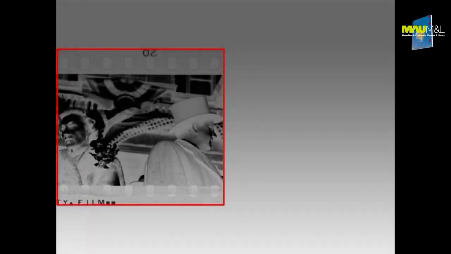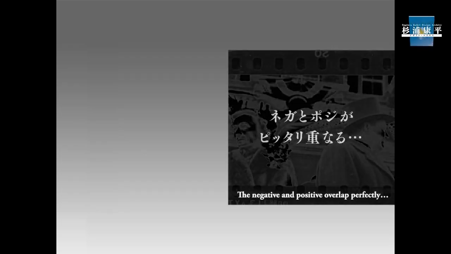This is a moment when a positive is born from the negative. As we saw earlier, negatives are overlaid on photographic paper and exposed. The negative and positive overlap perfectly.